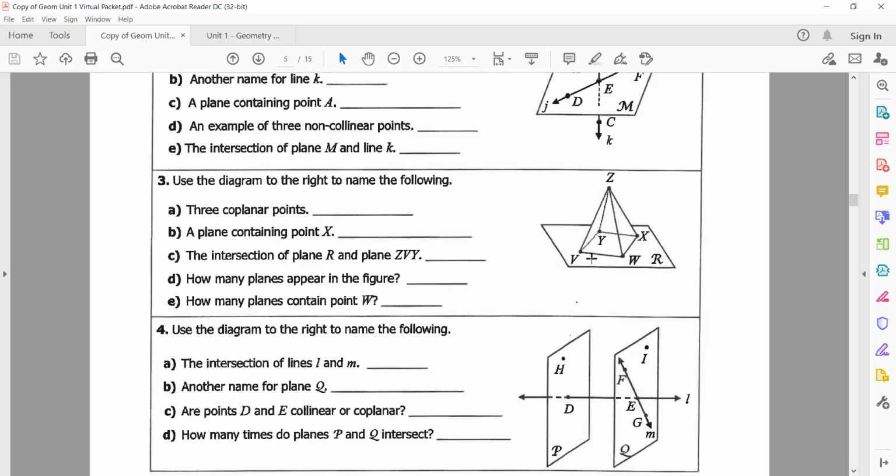Well, it's not. It is part of the plane R. All these points here in the corners, those are on the plane. That's how you end up with only 5 as planes on that particular drawing.